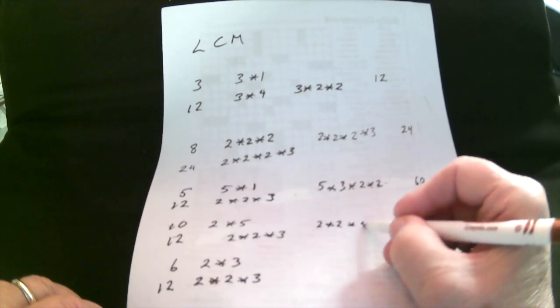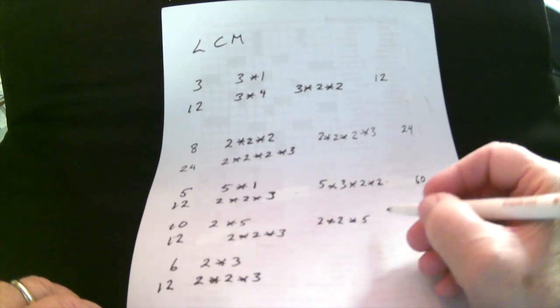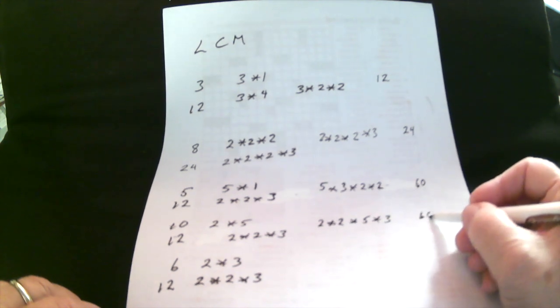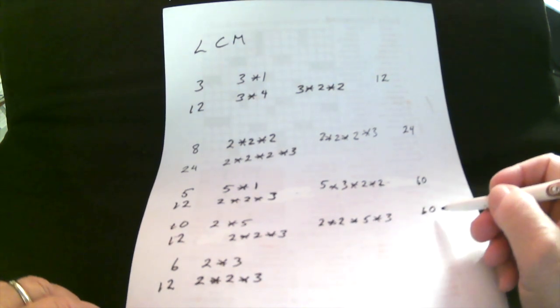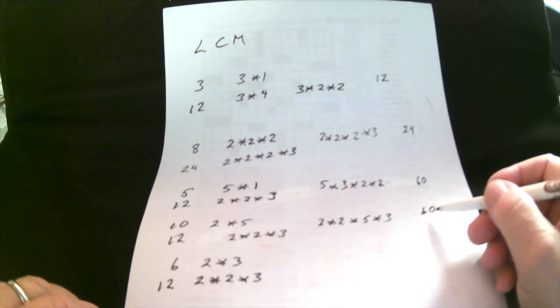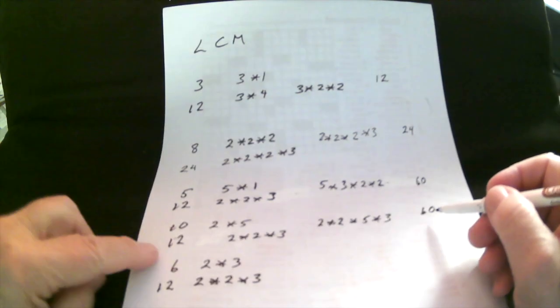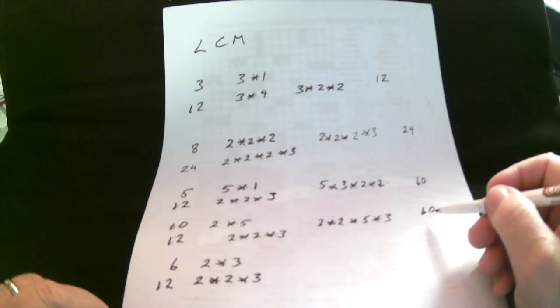We need the 5 because it only shows up once between the two, and we need the 3. And 2 times 2 times 5 times 3 is 60. Both 10 and 12 are factors of 60. This is our least common multiple, the smallest number both 10 and 12 can go into.